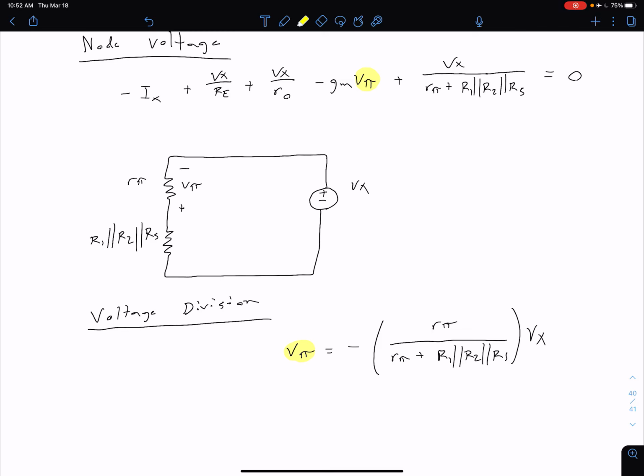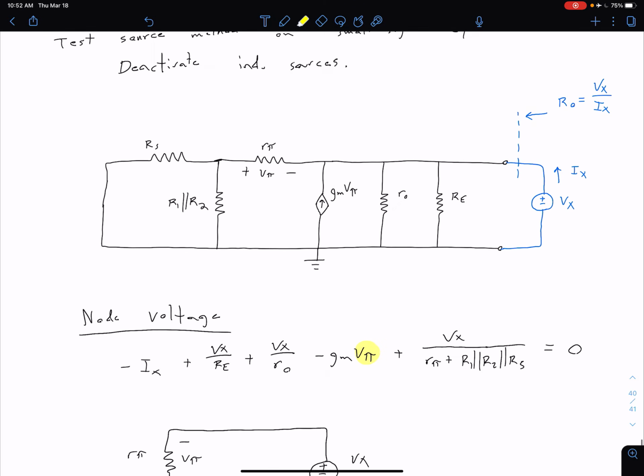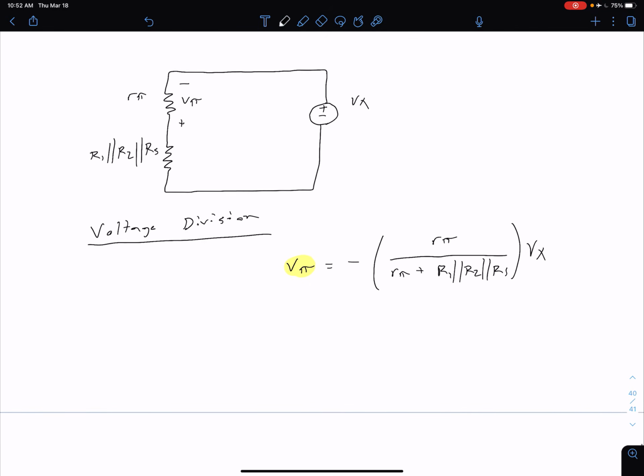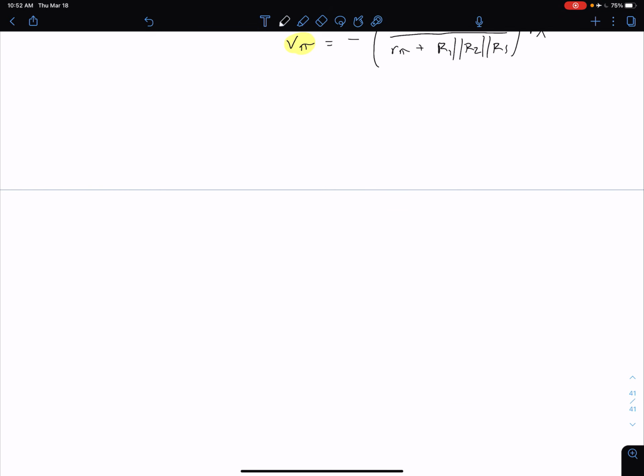So what we can do is solve that for, again, Vx over Ix, because that's equal to R naught. I'm not going to go through all of that algebra, but if we do that, what we end up getting is that our R naught is equal to R pi plus that parallel combination of R1, R2, and Rs. We also need to keep in mind that R pi times Gm is equal to beta.